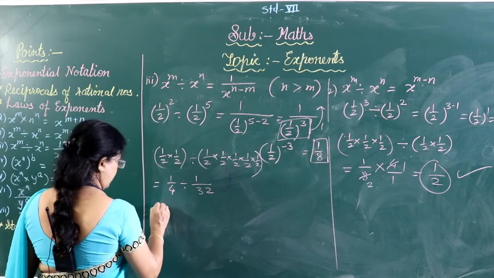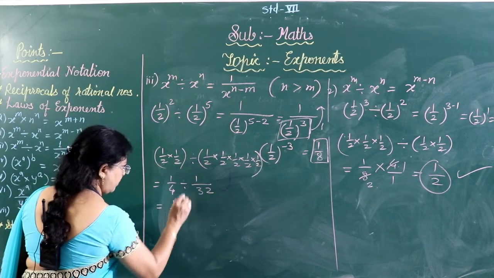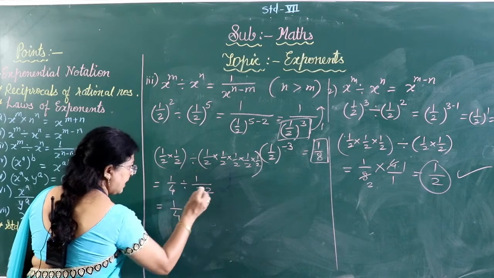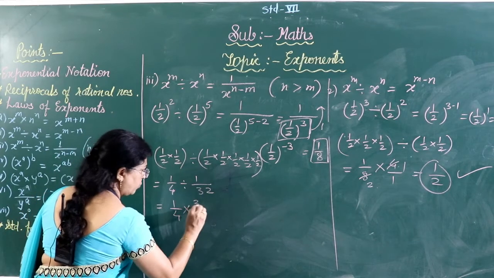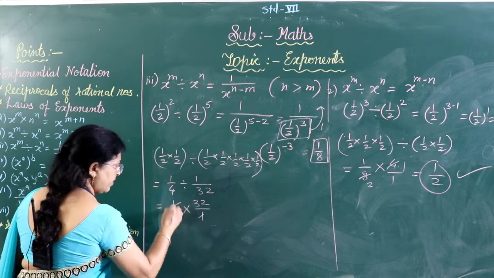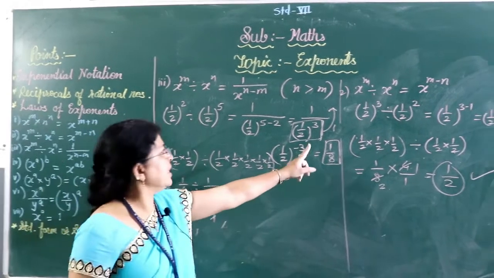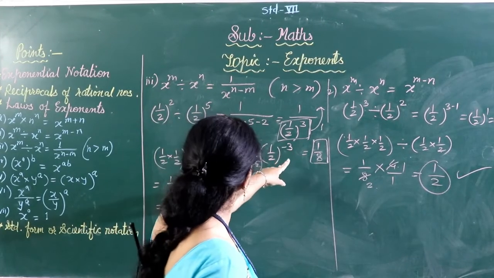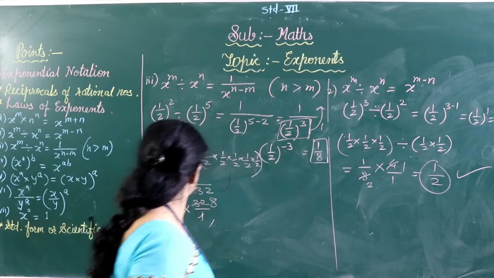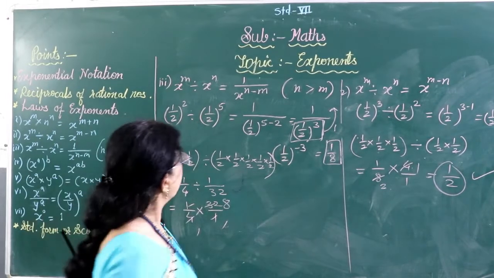Now 1 upon 4, division changes into multiply, and take the reciprocal of 1 upon 32, means 32 upon 1. 1 ones cut, 4 ones are 4, 4 eights are 32. We got the same answer, right?